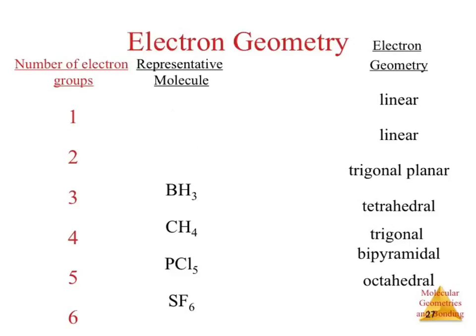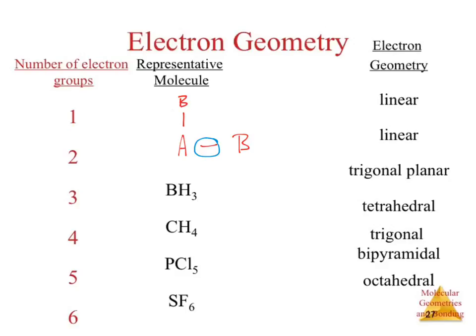If I have 2 groups of electrons, okay, so if we pick a center atom, and I now draw in atom B, 2 groups of electrons, remember, those electron groups want to get as far away from each other as possible. As far away from each other as possible is a straight line. Okay? Don't give me this stuff that, yeah, you could draw it like this. That is absolutely true.